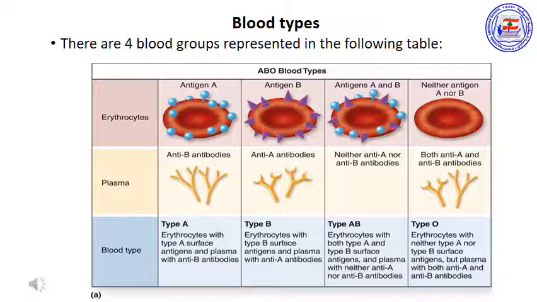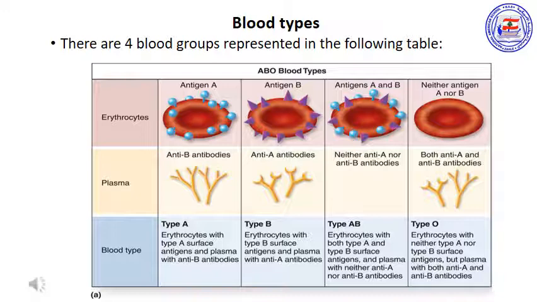While when the erythrocytes carry on their surface antigen B and in the plasma anti-A antibodies, the blood type will be B. So type B is characterized by type B antigens on the surface and anti-A antibodies in the plasma.